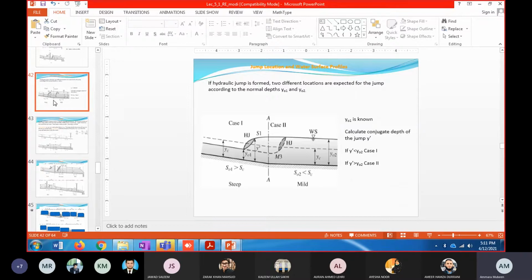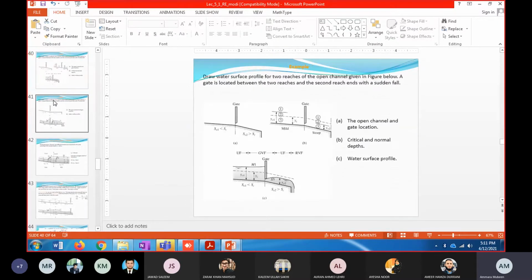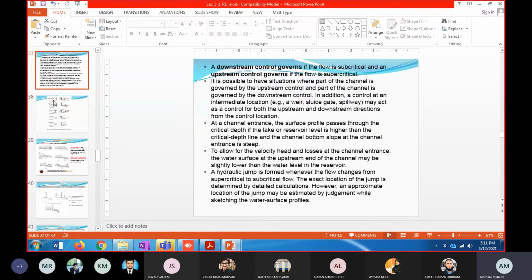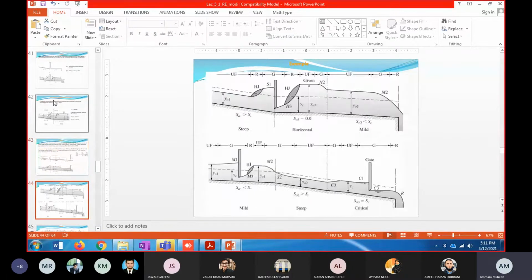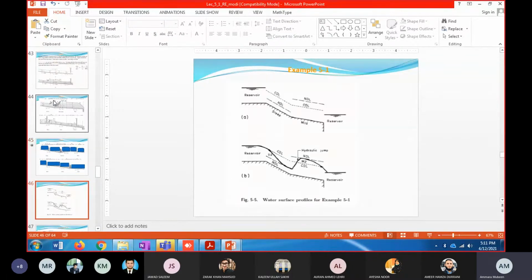Let me open the example first. This is, I think, not that difficult, but here also you have to draw the water surface profile between the critical depth line and the normal depth line.